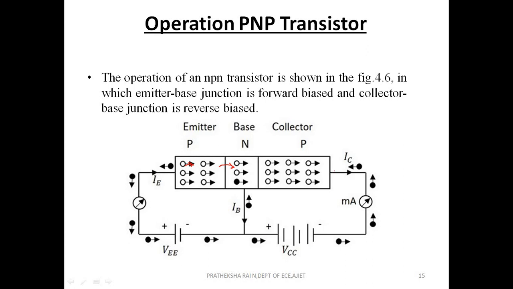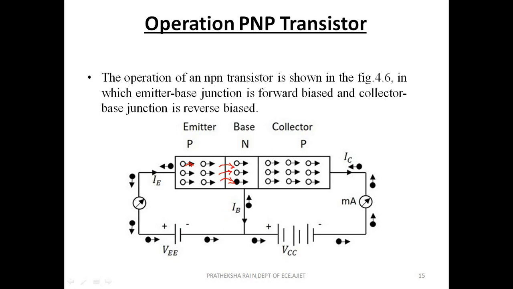Here the holes from the P region will be attracted to the N side, and a few of the holes combine with the electrons. The rest of the electrons get attracted towards the positive side, and the holes get attracted to the negative side.